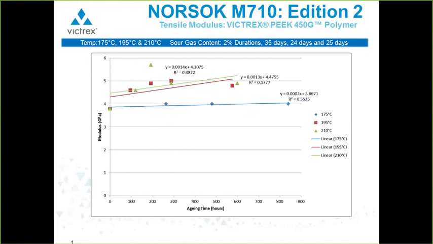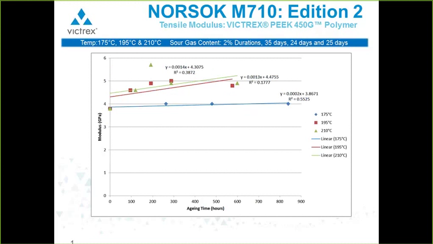If we look at modulus, now due to the nature of semi-crystalline polymers, of course, as most people on the call will know, as you anneal a semi-crystalline polymer, you will increase the crystallinity some.